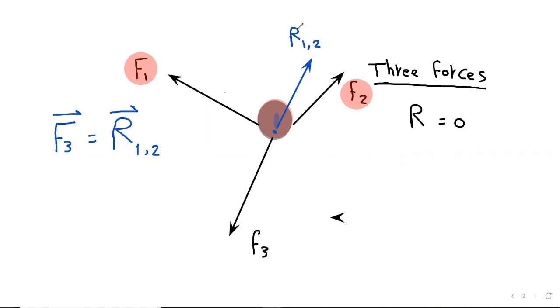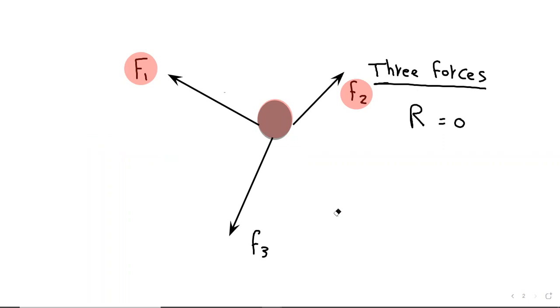Once again, if I try to find the resultant force of F1 and F3, what is the direction of the resultant force of F1 and F3? Look at F2, because I'm going to find the resultant force of F1 and F3, and I said the body is in equilibrium.